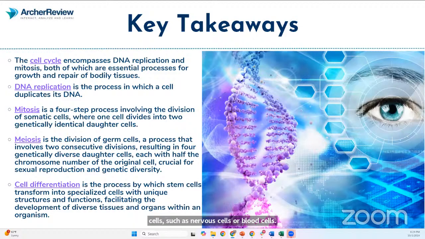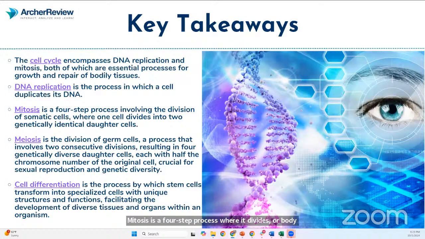So we're going to wrap up this section with some key takeaways. The cell cycle encompasses DNA replication and mitosis. DNA replication is where DNA is doubled. Mitosis is a 4-step process where it divides somatic or body cells, resulting in 2 genetically identical cells.